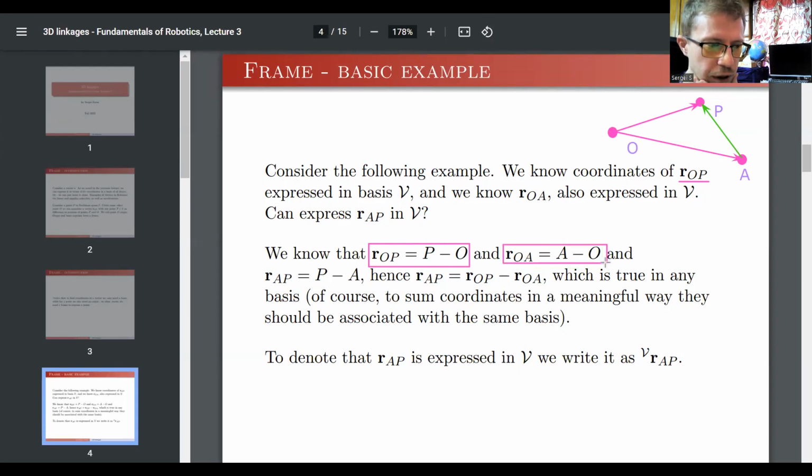We know what R sub OP is, P minus O. We know what R sub OA is, A minus O. From that, we can guess what R sub AP, P minus A, should be, and that is some combination of those two, which would give us P minus A. Well, we have P minus O. If we subtract from it A minus O, minus O will go away, and we'll get P minus A. So the answer is this, right? That is the answer.